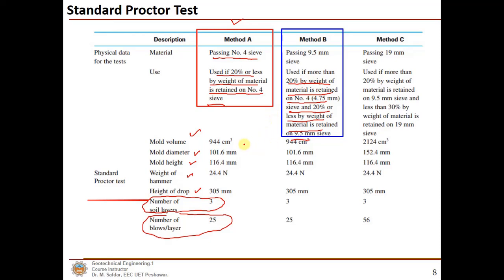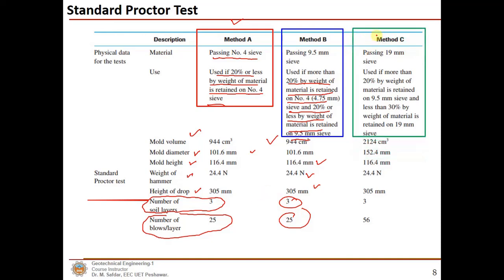And if you notice here, the mold volume, mold diameter, mold height, weight of hammer, height of drop, number of layers and number of blows per layer are the same for method A and method B. However, method C is used if more than 20% by weight of material is retained on the 9.5 millimeter sieve and less than 30% by weight of material is retained on the 19 millimeter sieve.